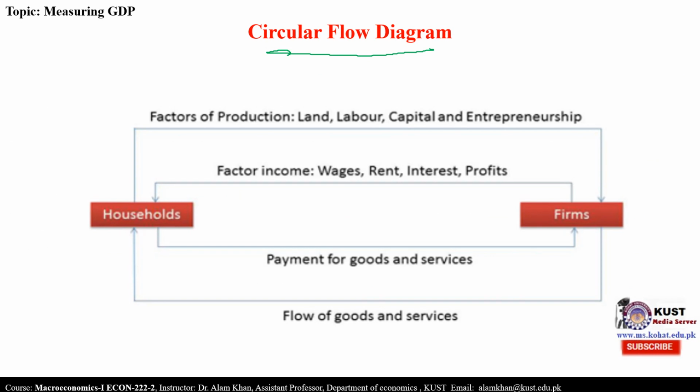Circular flow diagram. Normally, in a two-sector economy, we have two main economic agents, households and firms.